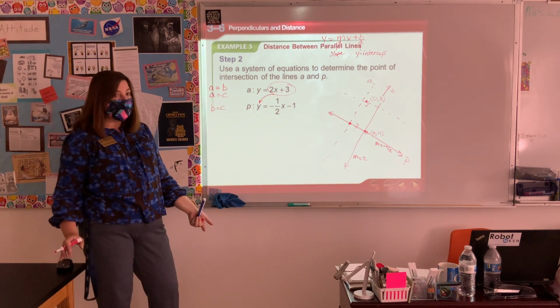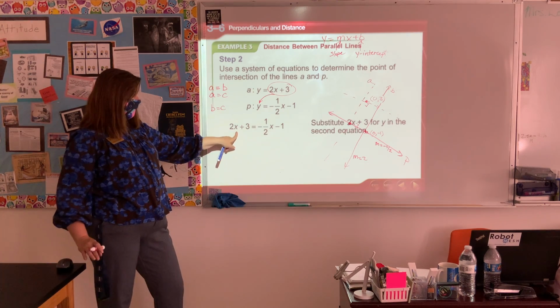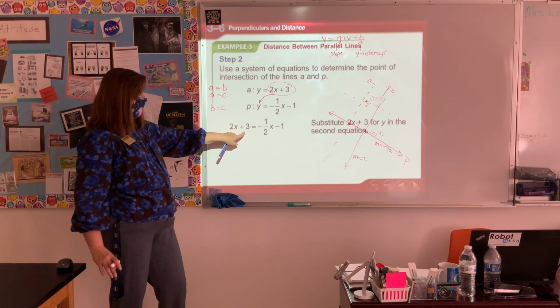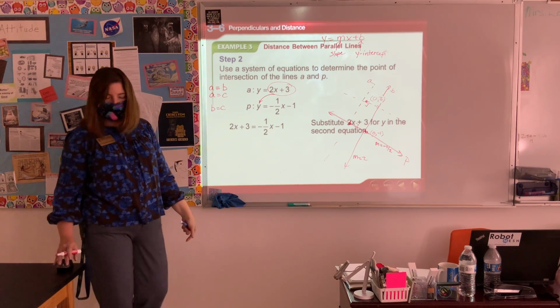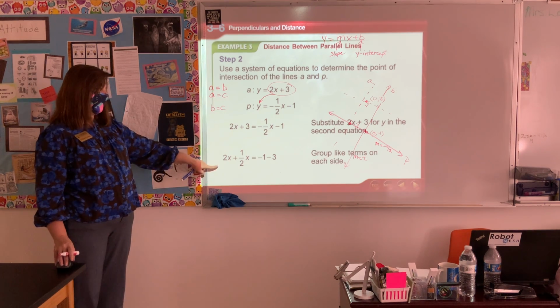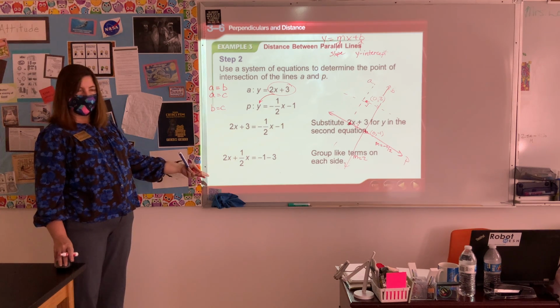That makes things so much simpler for a lot of you. Okay? So 2x plus 3, that's our A equation, is equal to negative 1/2 x minus 1. They do the algebra. It's looking more like something that we can do.